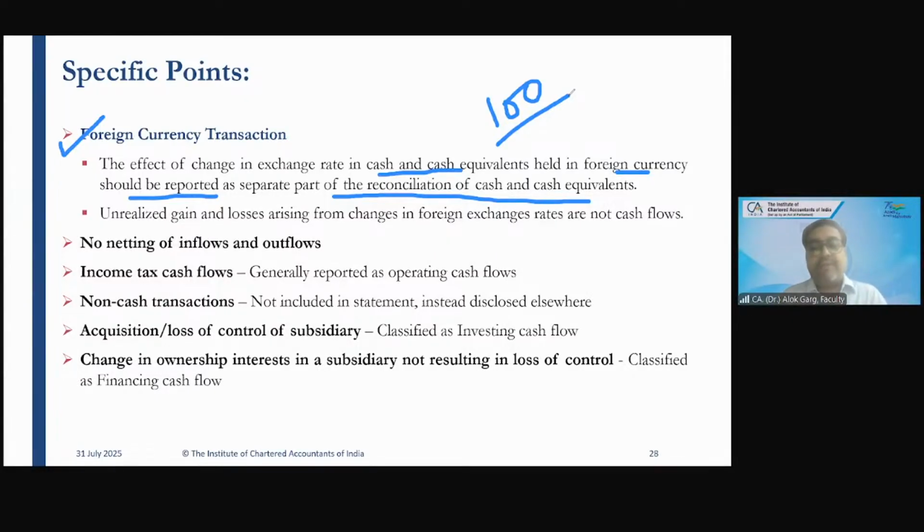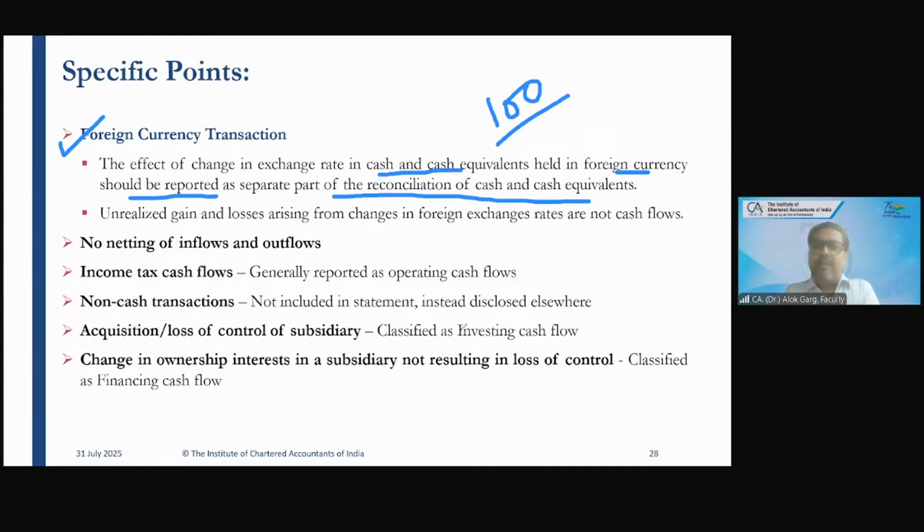Is there any movement of cash? अगर $100 ओपनिंग में थे, $100 क्लोजिंग में थे, तो कोई मूवमेंट हुआ कैश का? No, sir. There is no movement of the cash.